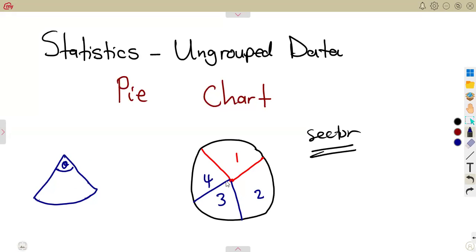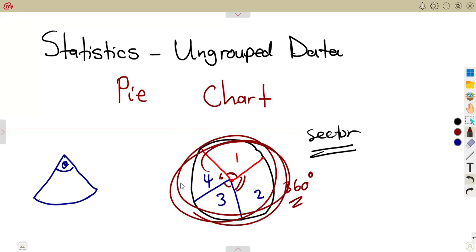As we are presenting these sectors, they are presented at different angles. But together, all these angles, if you add them, they must add up to 360 degrees, which is giving us a complete circle.